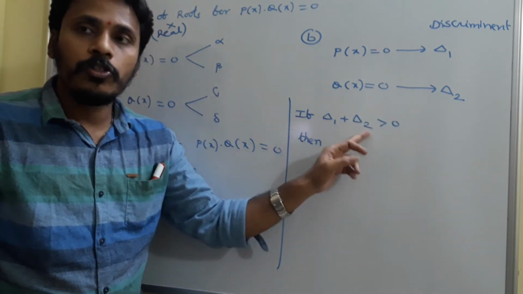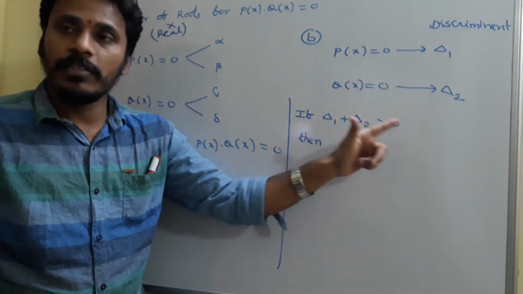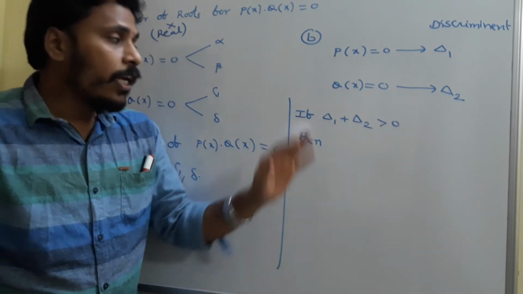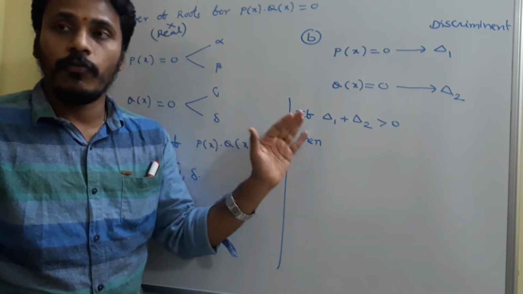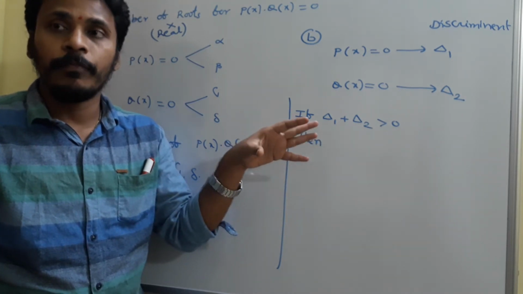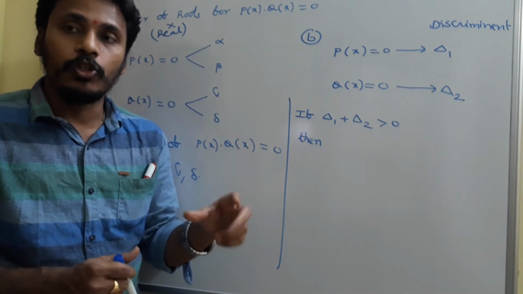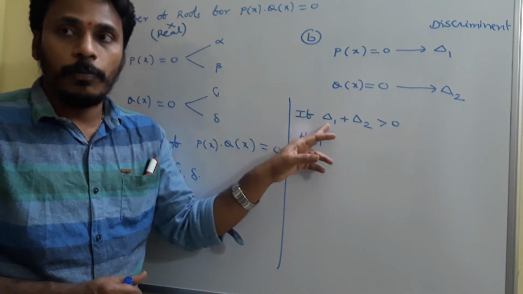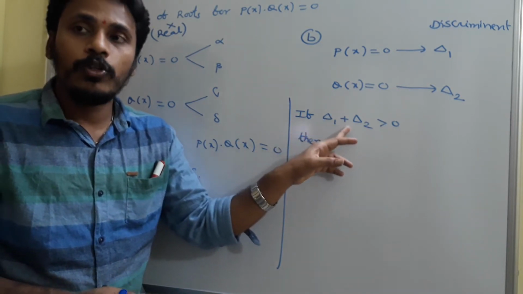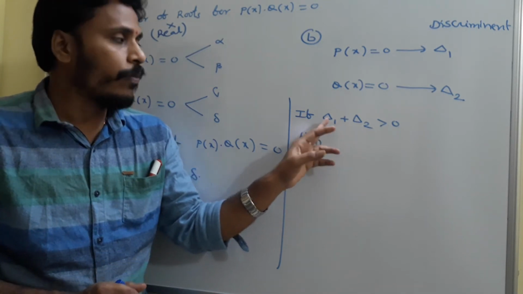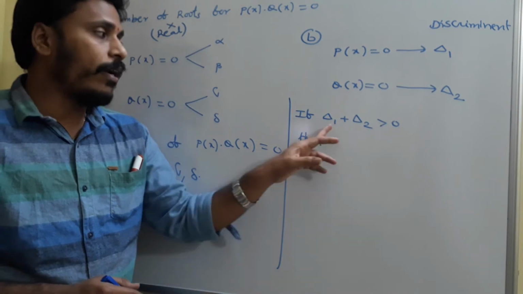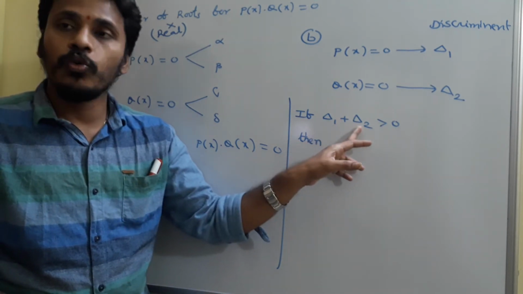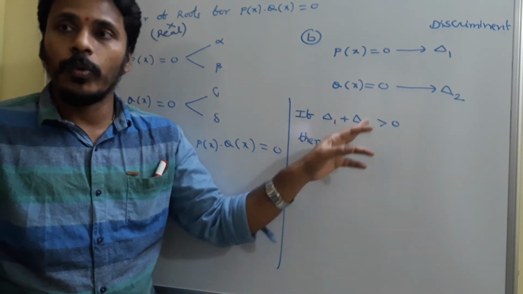If both are positive, then the sum is greater than 0, it is acceptable. If one is positive and one is negative, that is also acceptable, because if one value is a larger positive value and the other is a somewhat smaller negative value, then delta 1 plus delta 2 will again be positive. For example, if delta 1 is 10 and delta 2 is minus 2, if you add, you will get a positive number.